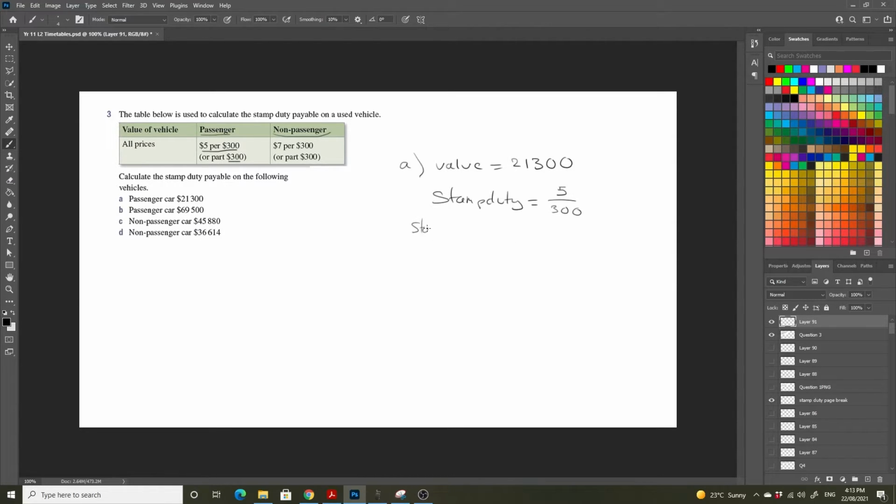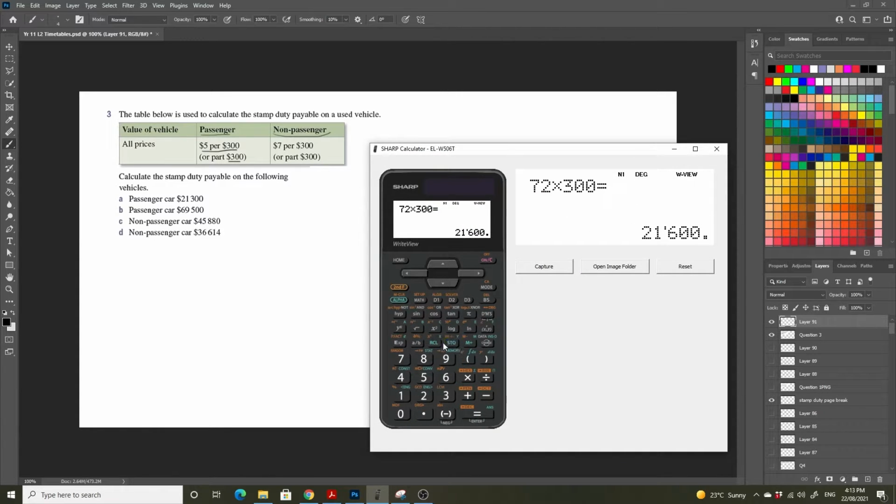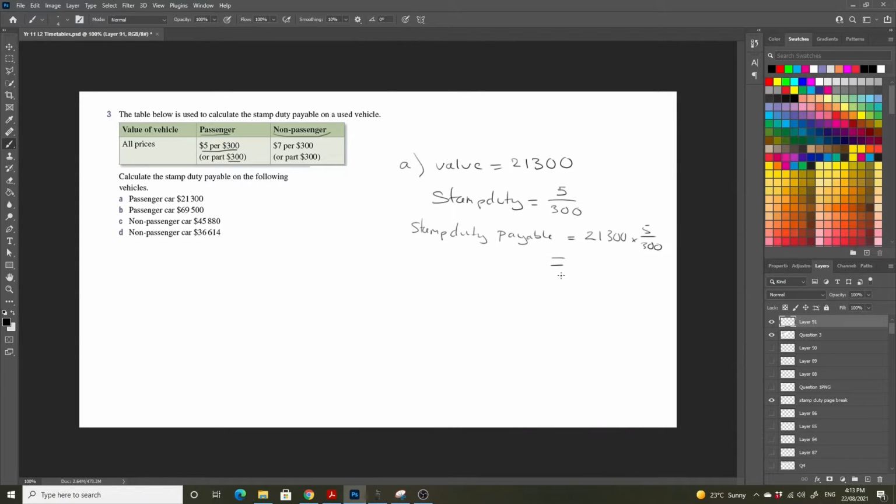So our stamp duty payable is equal to 21,300 times 5 over 300. And this is going to be equal to, well, let's just put that in, 21,300 times 5 divided by 300, which is $355.